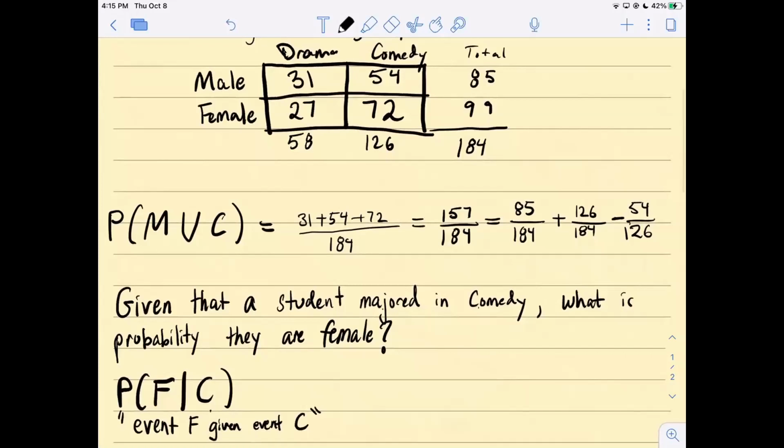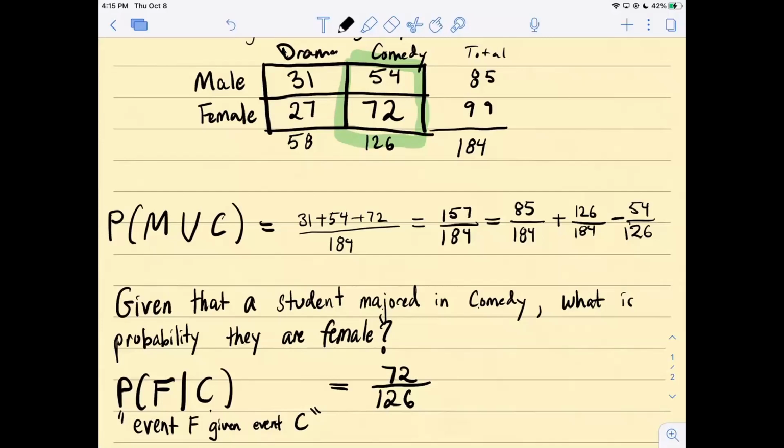But you know that it's given, so it means if you're just looking in that category, so just look in the category of comedy, you see that there's a total of 126 options, and we want to find out of that 126 how many are female. So that would be 72 over 126. Excellent, nice. Pretty simple, right? So just 72 over 126.